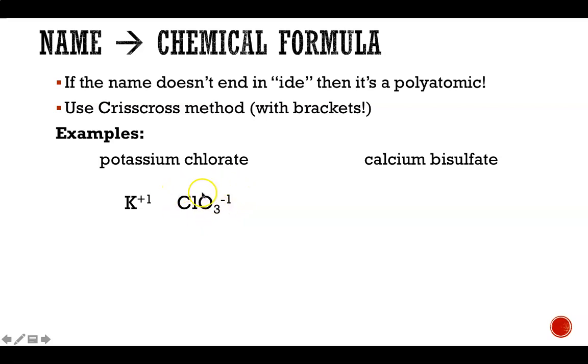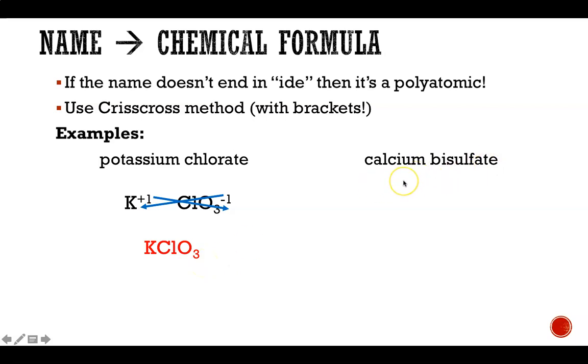From here, and remember we're treating this ClO3 just like an ion, so we can crisscross the same as we usually do. We're going to cross those charges, and because it's a 1 and a 1, we don't need to write ones, so we end up with KClO3 as our chemical formula.